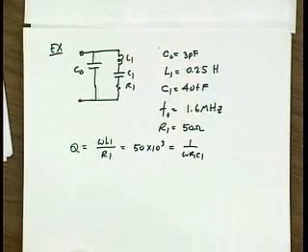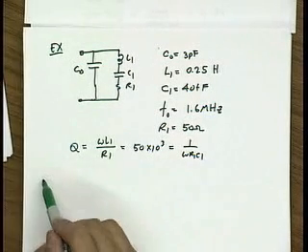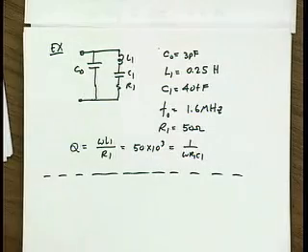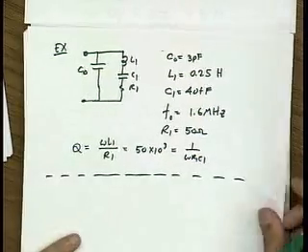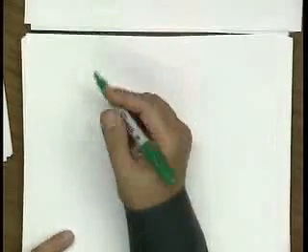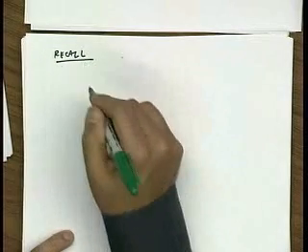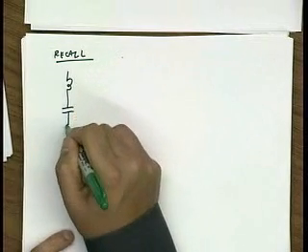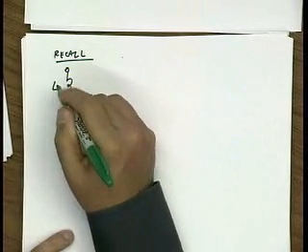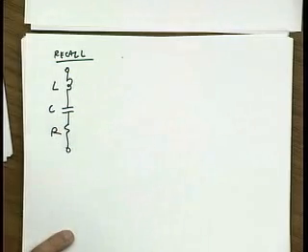Okay? Now, because the quality factor is so high, if we look at the rate of change of phase for the circuit, it's extremely abrupt.